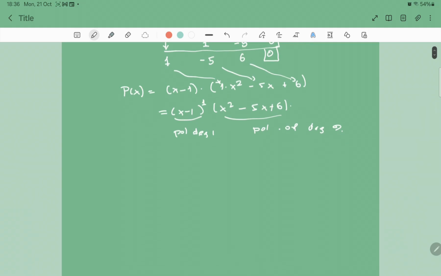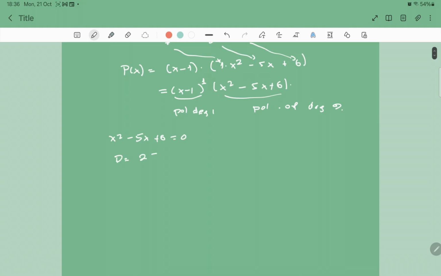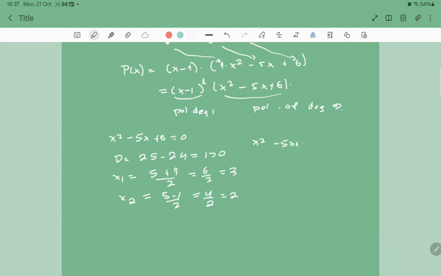I can factorize the polynomial of degree 2, which is a quadratic equation, by finding the roots. So I can factorize this: x squared minus 5x plus 6 can be written as x minus 3 times x minus 2.